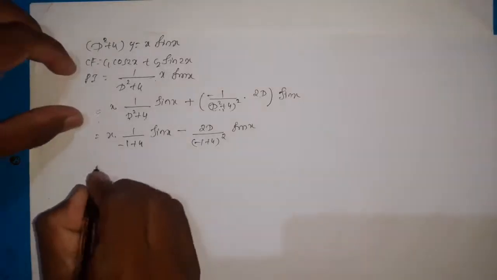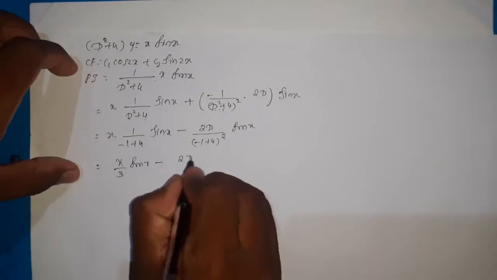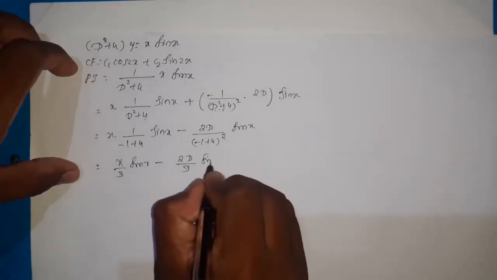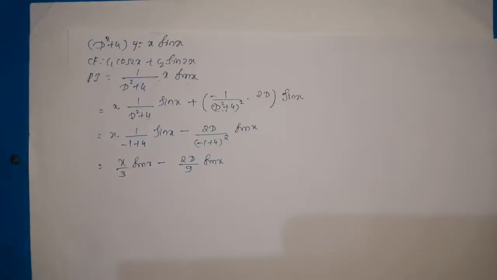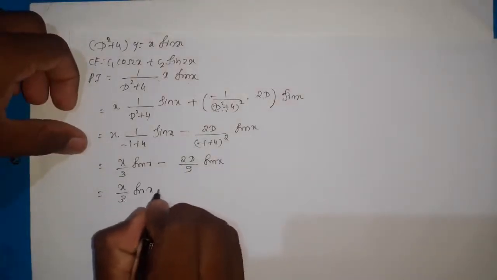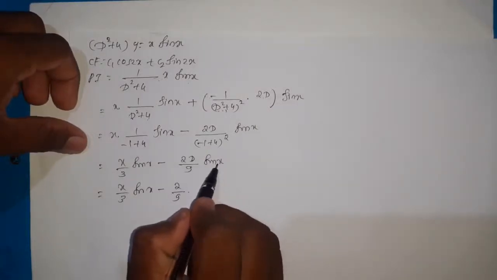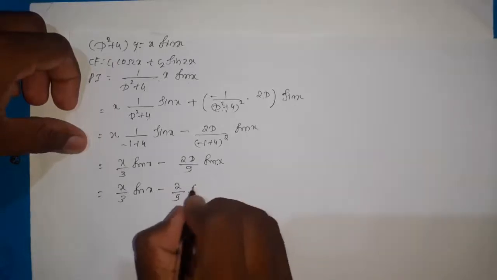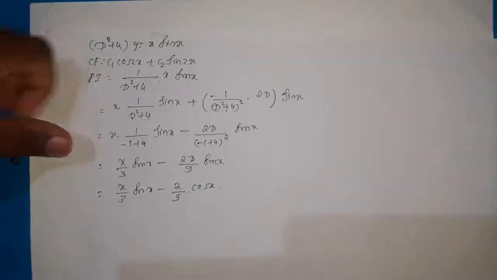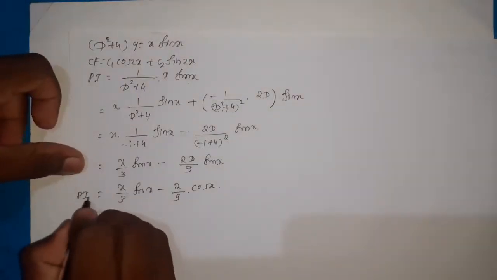Then this is equal to x by 3 into sin x minus 2d divided by 9 into sin x, because minus 1 plus 4 is 3, 3 square is 9. Then this is x by 3 sin x minus 2 by 9 into d of sin x, means derivative of sin x, that is equal to cos x. So this is the required particular integral.